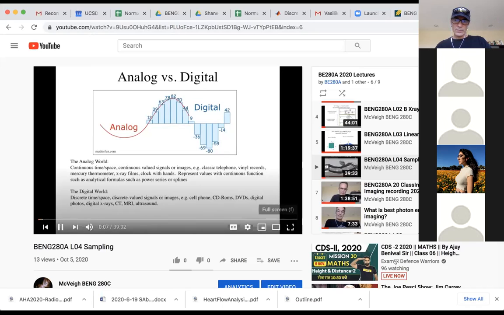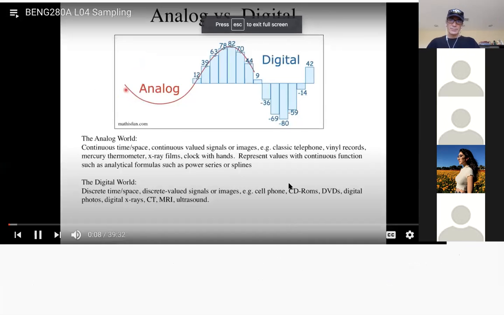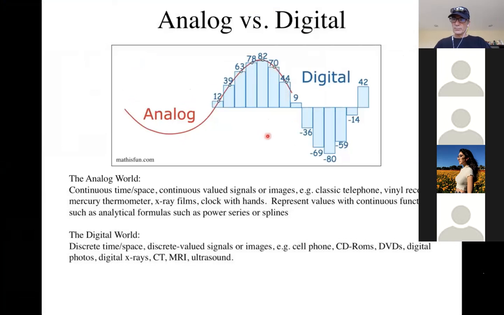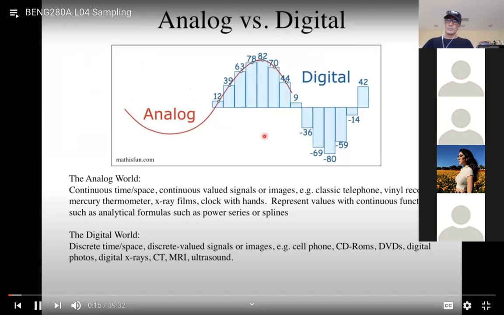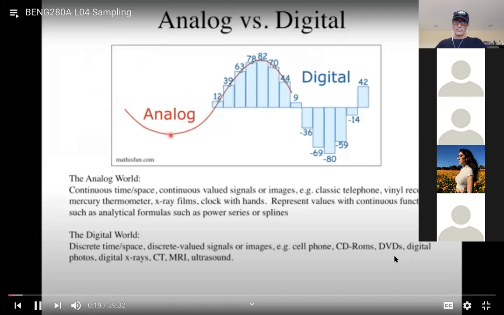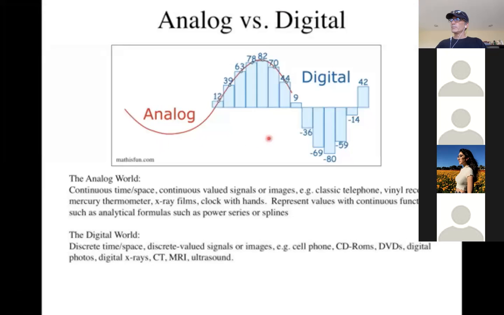And the difference between analog signals and digital signals is shown on this simple diagram. If I have an analog signal, normally I have continuous floating point values as a function of position or independent variables, say x in space. And so this is a height or a wave as a function of x.